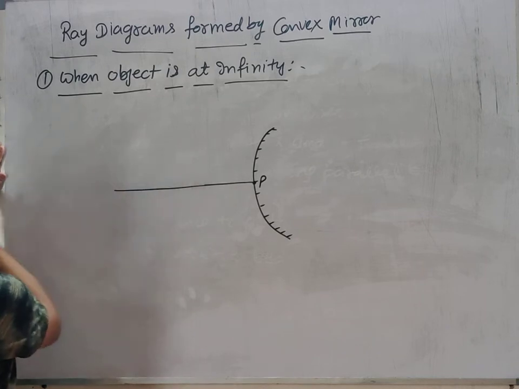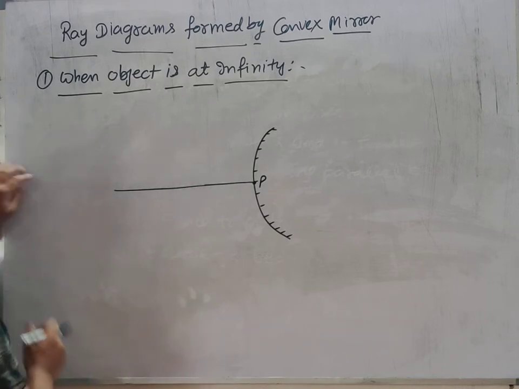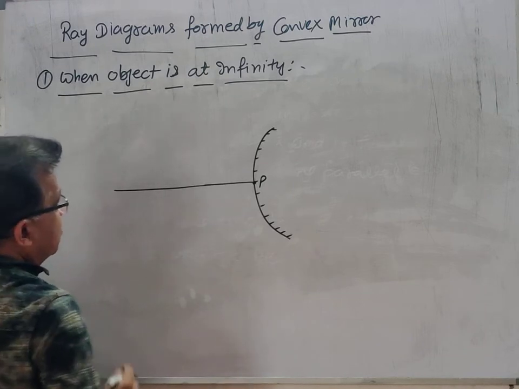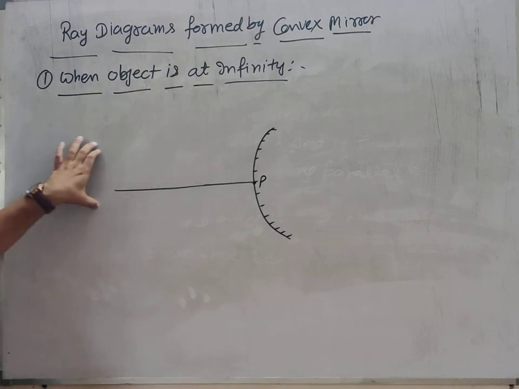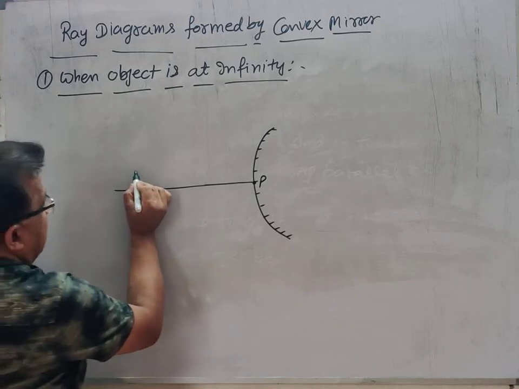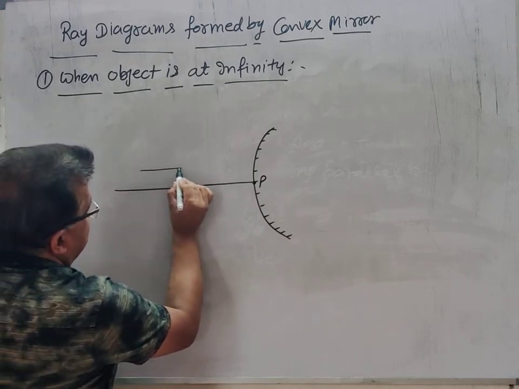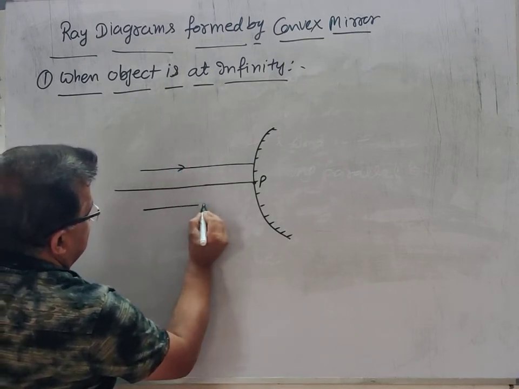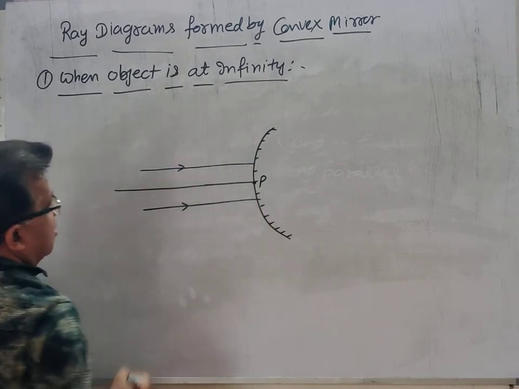Object is always placed on the left side of the mirror, and mirror is this reflecting surface. Now object is placed at infinity. As I told, in concave mirror we show the parallel rays coming from infinity. Incident ray number 1, this is.